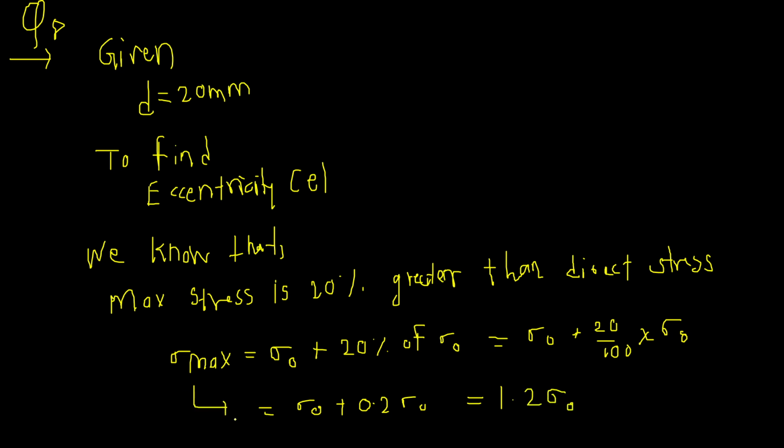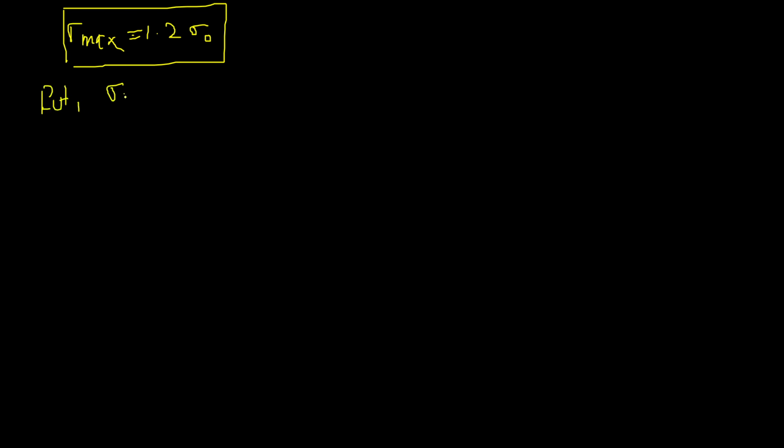ओके, काय आली कंडिशन आपली? Sigma max is equal to 1.2 sigma naught. This is the condition. आता आपल्याला माहित आहे, but what we know? Sigma max, what is the formula for sigma max? Sigma naught plus sigma b.